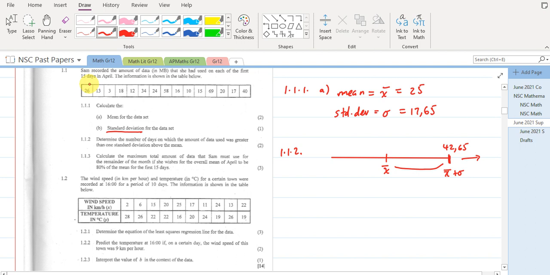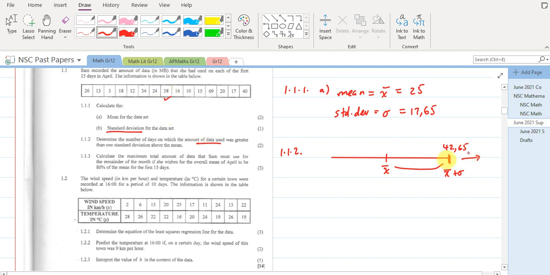So clearly not 26, not 13, not 18, 12. 58 is there, above 42.65. So we want the number of days on which the amount of data used was greater than one standard deviation above the mean. What is one standard deviation above the mean? 42.65.